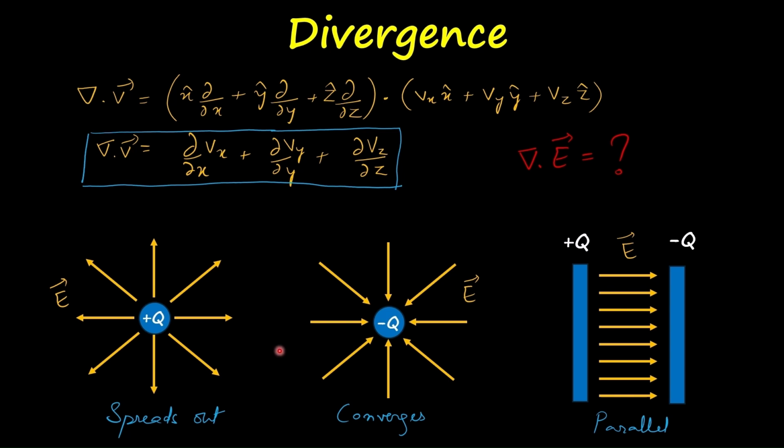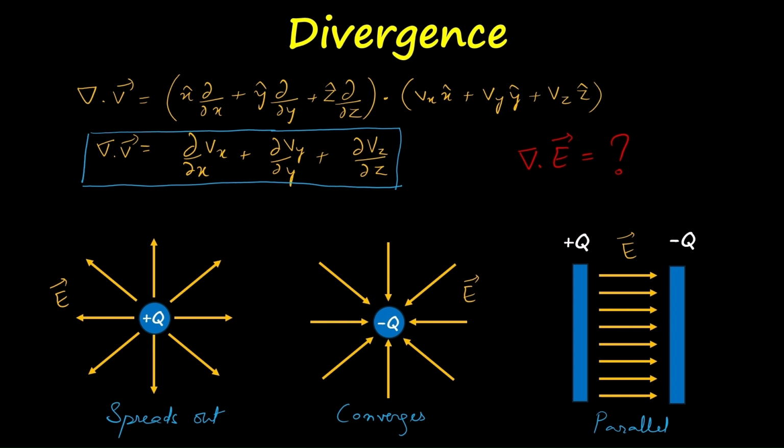Now, the divergence of any vector tells us how this particular vector spreads out or converges with respect to a point. So if you see this example, the electric field lines are spreading out.